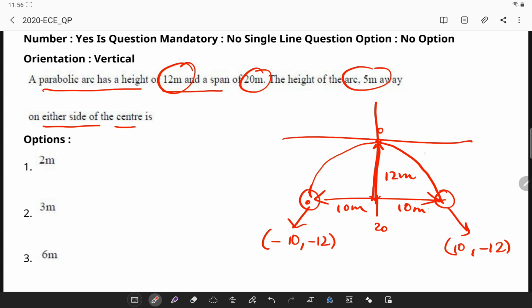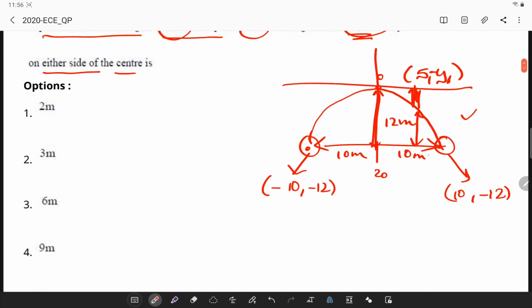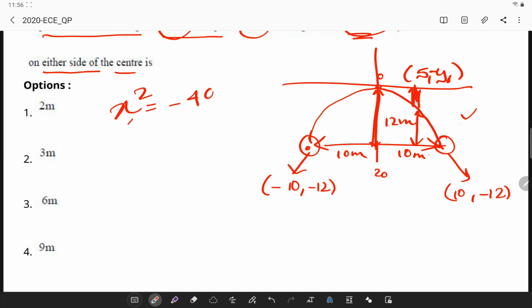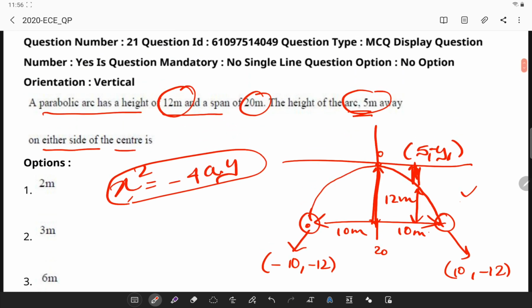Now what he is saying is the height, there is an arc at this particular point. So he is asking what is the total length from this point. So I can simply write this as 5 comma, because this is 5 and I have it on this particular axis, therefore it is minus y1. Now this equation is x square equals minus 4ay, the parabola equation.